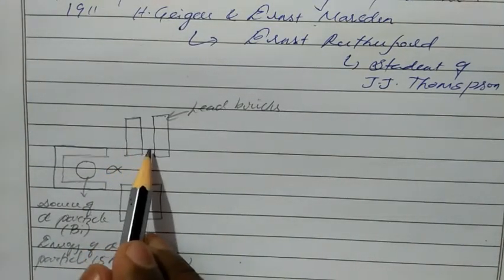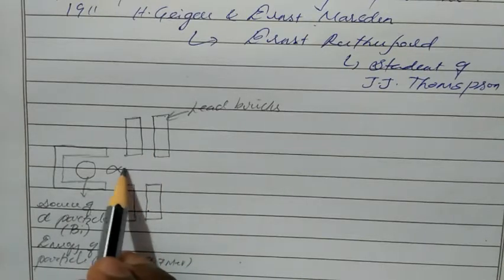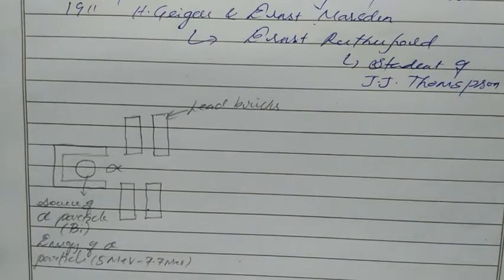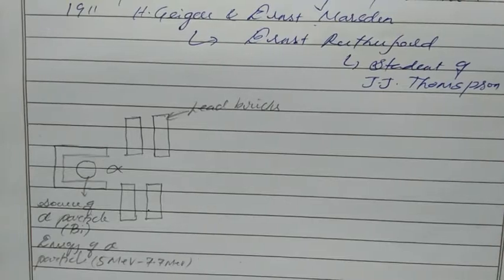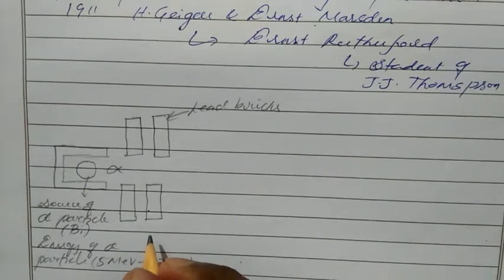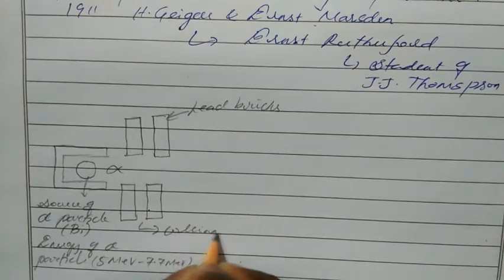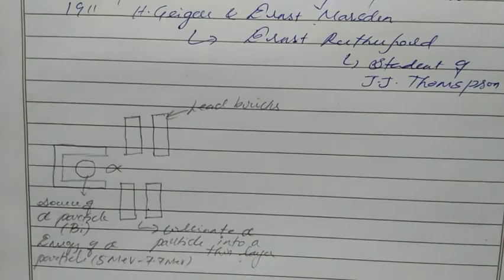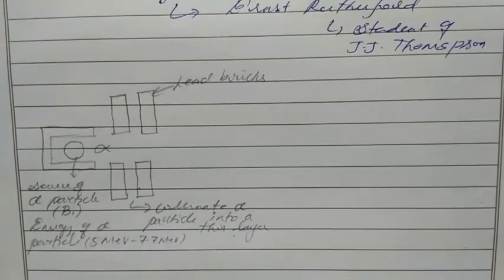With the help of the lead bricks, they are made to move in a linear way, in a straight line. So these lead bricks collimate the alpha particles into a thin layer.